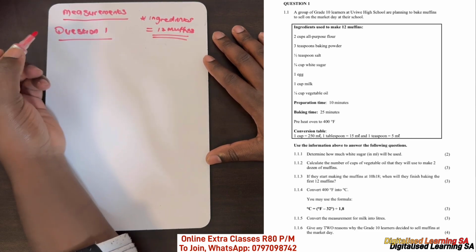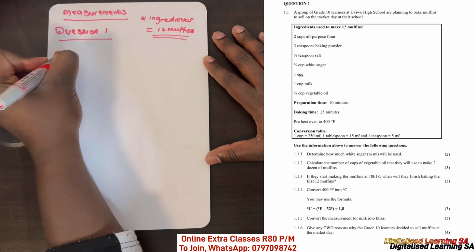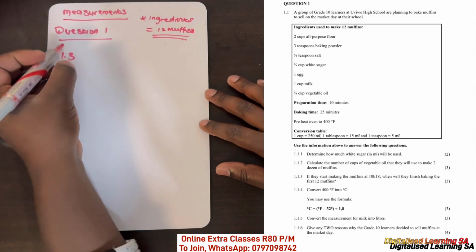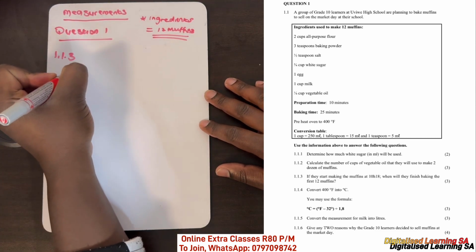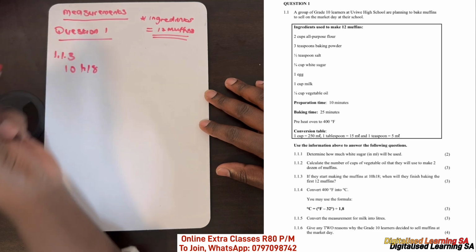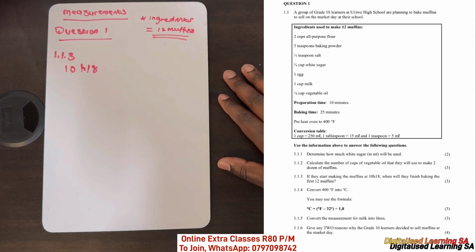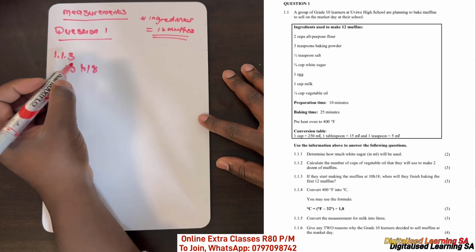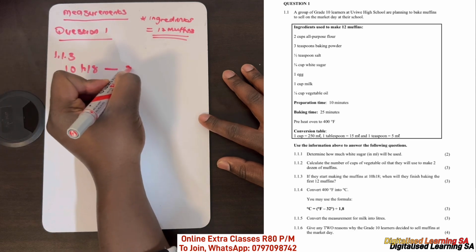Okay, so now let's move to question 1.1.3. Question 1.1.3 says that if they start making the muffins at 18 past 10, when will they finish baking the first 12 muffins? So this is the start time.